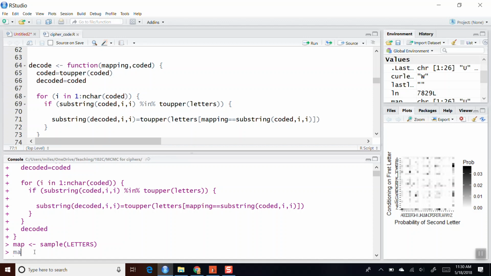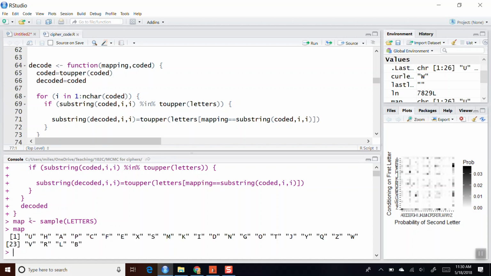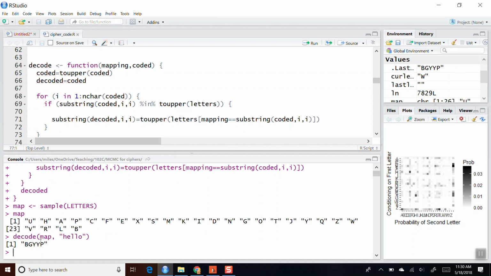So here's my map. This says A goes to the letter U, B goes to the letter H, C goes to the letter A, okay? Then I could take this function decode, provide it my map, and say code the word hello. And when you code that up, you get BGYYP, okay?